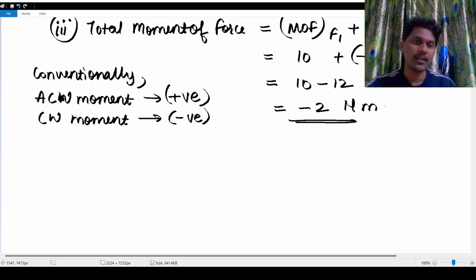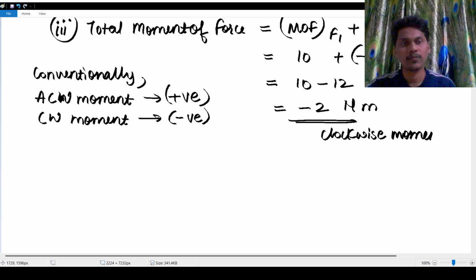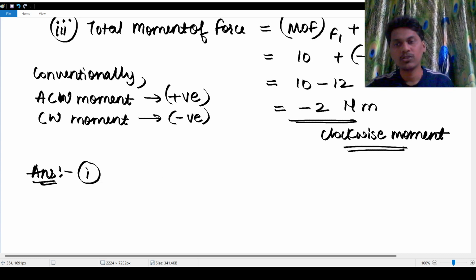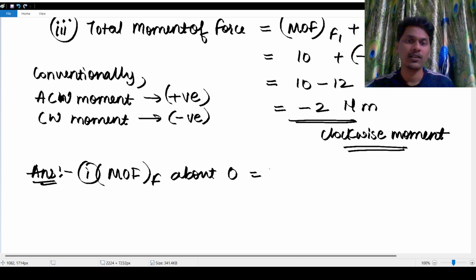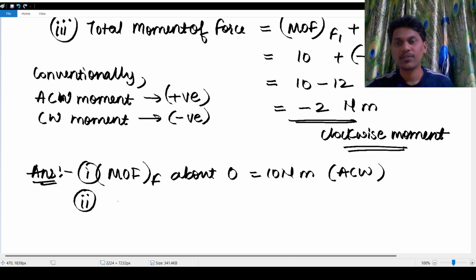So final answers we have to write here. First, moment of force F1 about point O is 10 Newton meter, and that too in anti-clockwise sense.